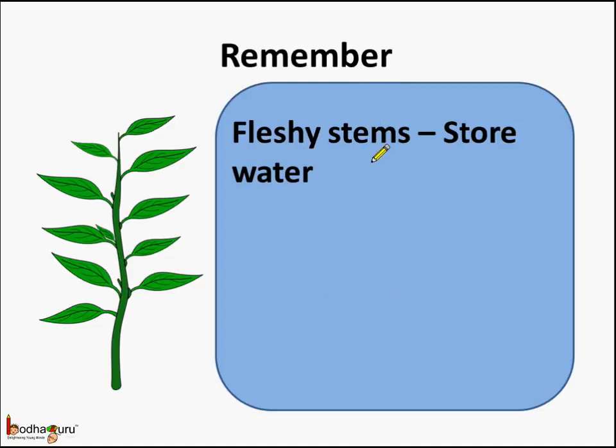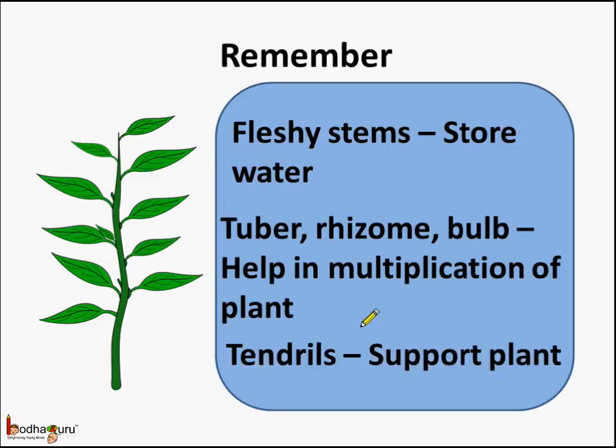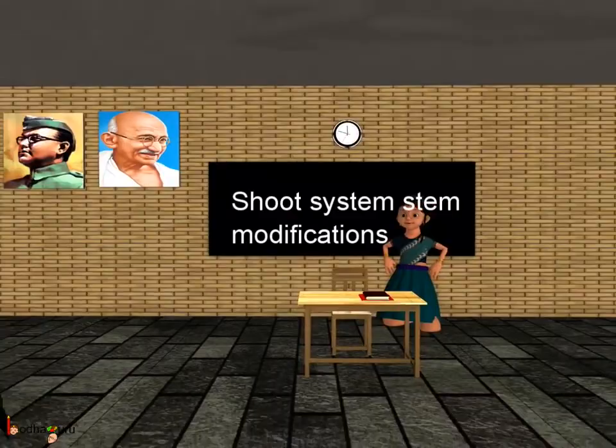Also, the fleshy stems store food, as in the case of cactus, jade plant, etc. And also, the tuber, rhizome and bulbs, apart from storing food, help in multiplication of plant. And last but not the least, in certain plants, stem gets modified into tendrils which supports the plant to climb up. So that was all about the modification of stems.